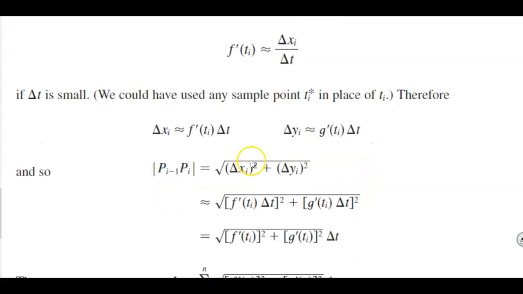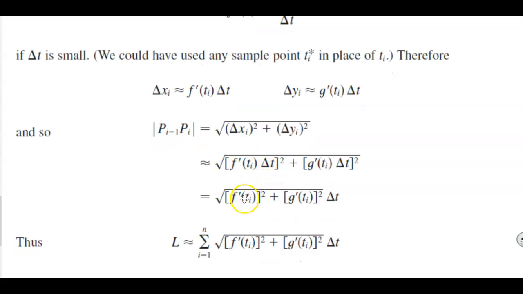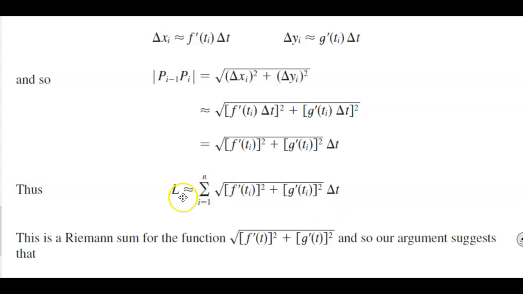Then we substitute this information into the distance formula, replacing those with the following to get that approximation, and then we factor out delta t. We then get the limit of the approximation, the sum from i equals 1 to n of the square root of f prime of t subscript i squared plus g prime of t subscript i squared, times delta t.